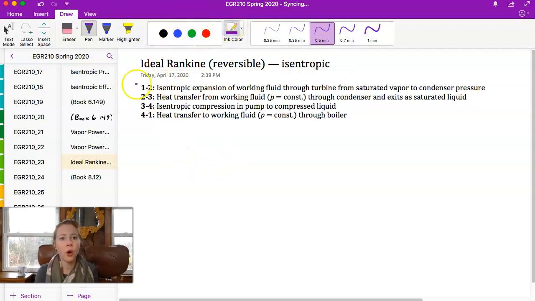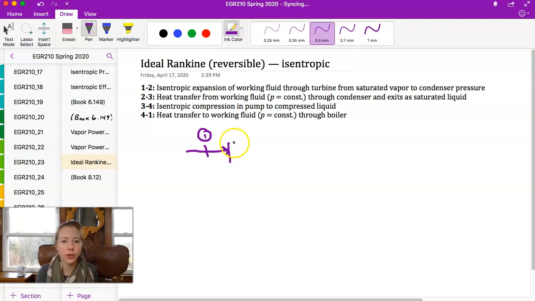From 1 to 2, so process 1 to 2. Let's start at state 1 here. Starting at state 1, we have expansion of the working fluid through a turbine from saturated vapor to condenser pressure.